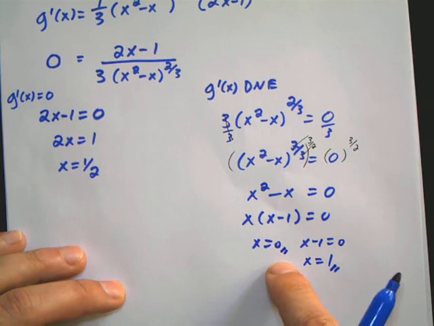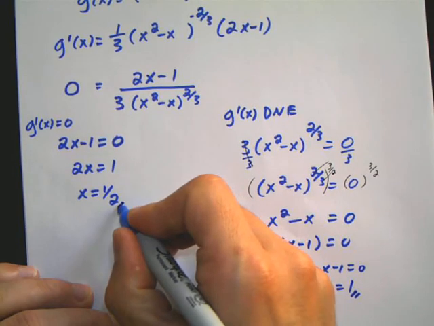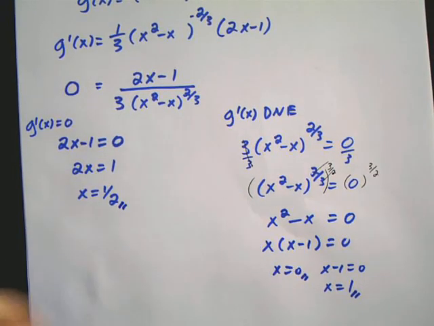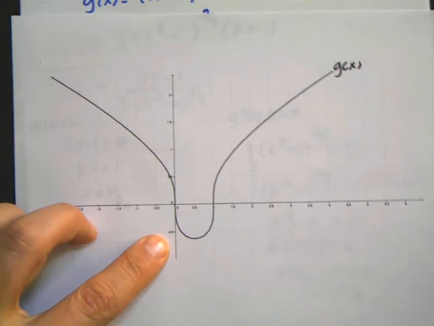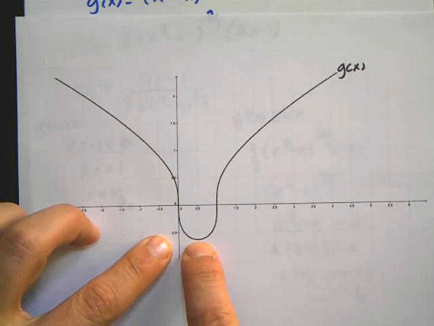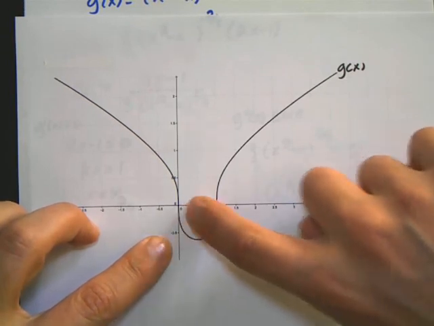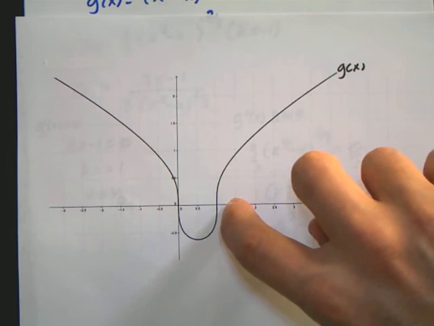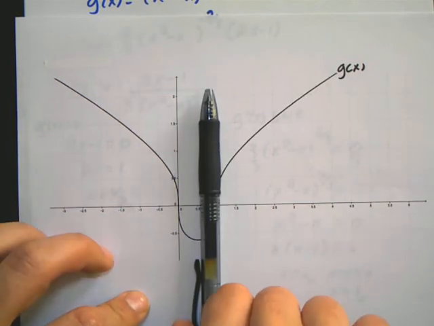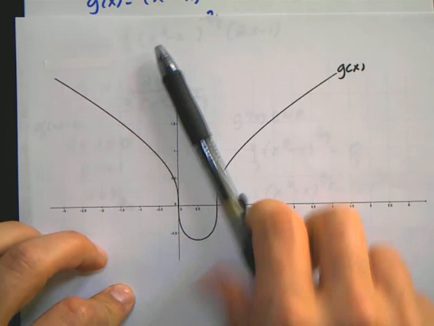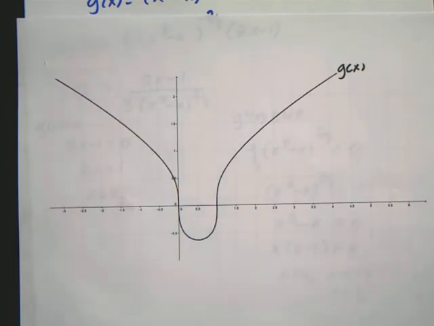And then looking at the graph of this, we can see that at 1/2 it's a minimum, and then at 0 and 1 the derivative would be undefined because at both of those points there's vertical tangents. So you can copy this also into your notes, and then we can match up the derivative with the blue dotted to indicate that there's a minimum right over here.